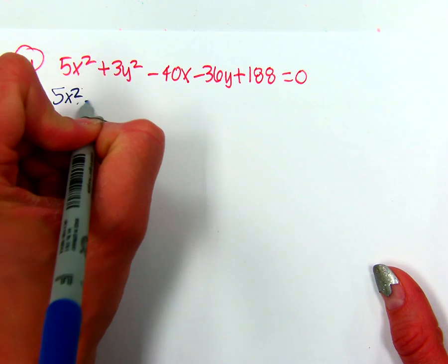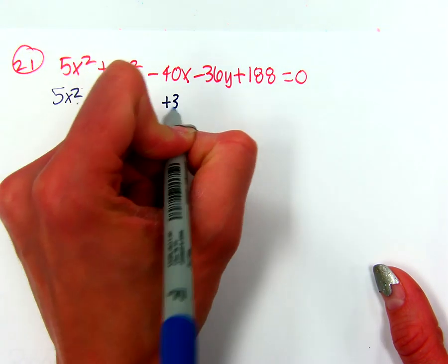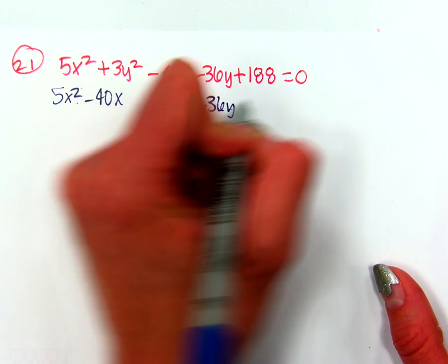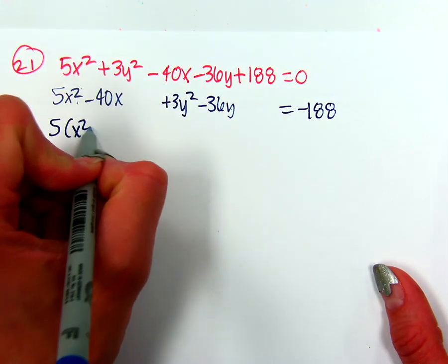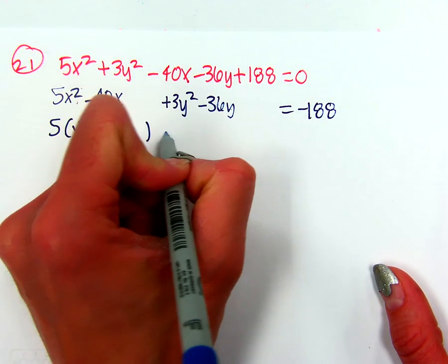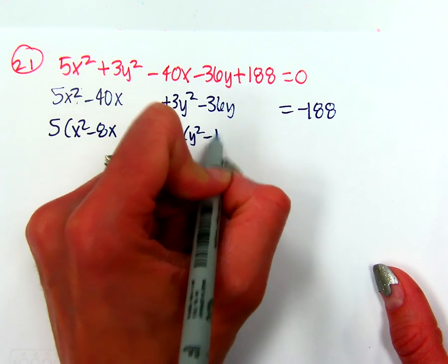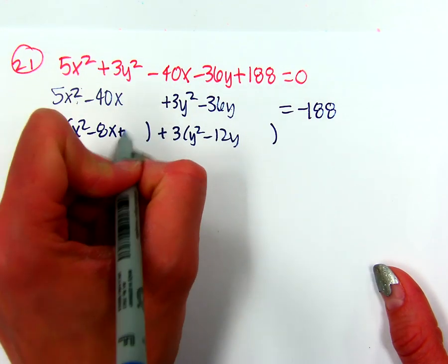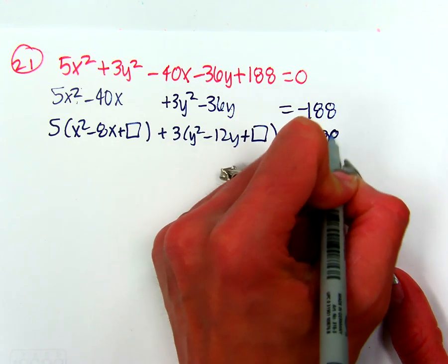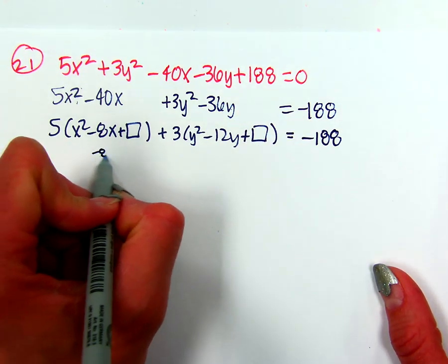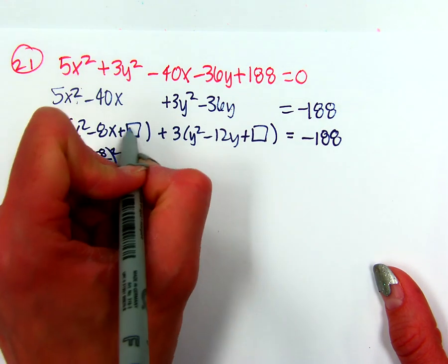All right, so now I'm going to group my x's, I'm going to group my y's, move my negative 188 over, and I have to factor out my GCF. And then I need to add something on both sides so that I get a perfect square trinomial. So half of negative 8 squared is negative 4 squared, which is 16.